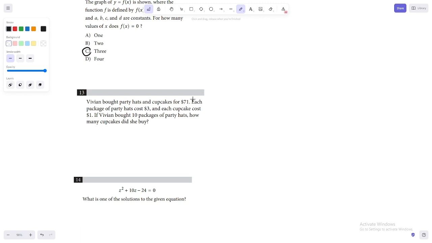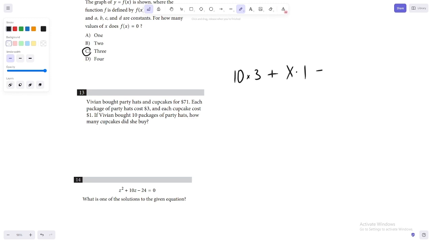So Vivian bought 10 packages of party hats, and each one of them cost $3. In addition to that, she bought, we don't know how many, so we'll put a variable x, that's our unknown, multiplied by $1, because each cupcake cost $1.